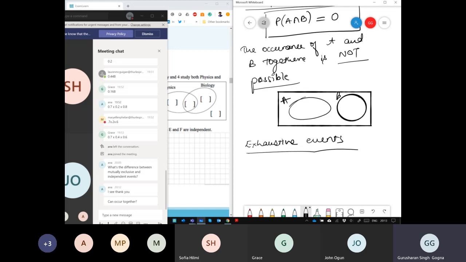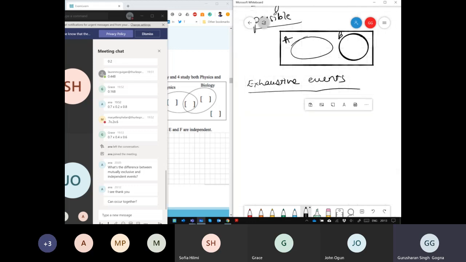Okay. So you understand mutually exclusive events, they cannot occur together, isn't it? And exhaustive events means when at least one of the events occurs compulsorily from the list of events. So if you have two coins, okay, and you can say one head, tail, head, tail. These are the possibilities, isn't it?